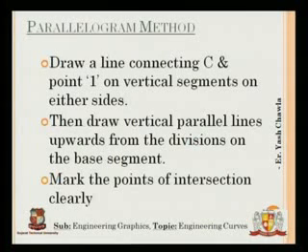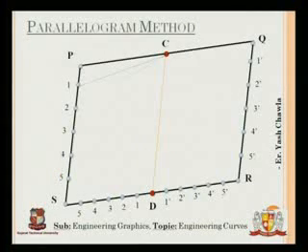Thereafter, from the base segment, that is the bottom side of the parallelogram, I'll draw vertical lines that are parallel to the vertical segments of the parallelogram and make them intersect the particular line. Say from 1 it will intersect at C1, and from 1 dash it will intersect at C1 dash. Let us see.